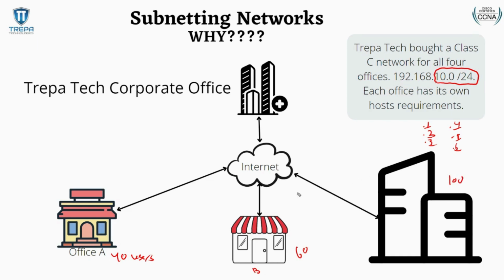And we need to segment or separate or subnet these three host requirements from this /24. From this one network, we are going to have to create subnetworks. That is why we do subnetting. And we use this starting value or network address and subnet mask to break down our allocated space into smaller subnets. So let's dive right into it.